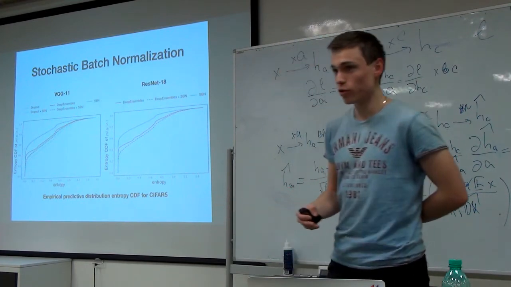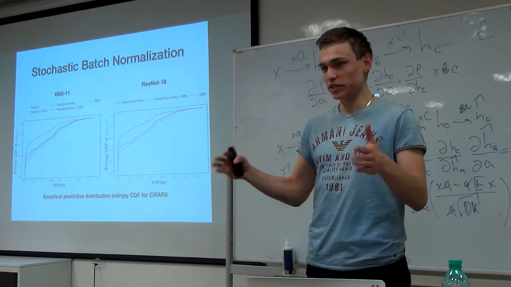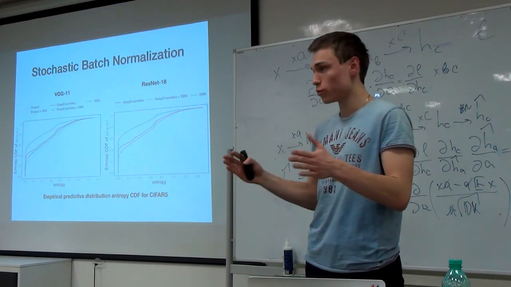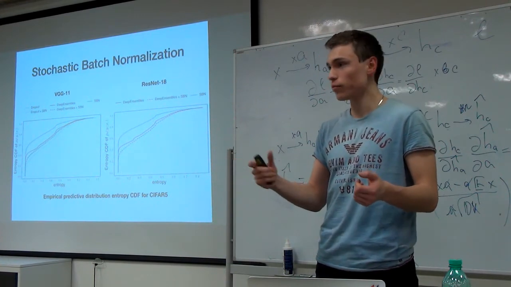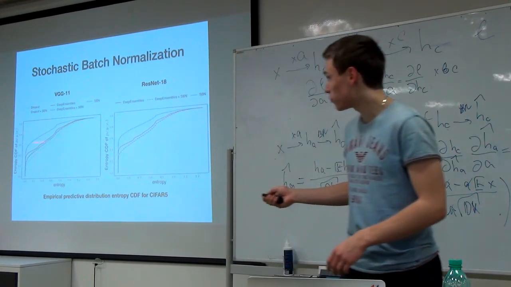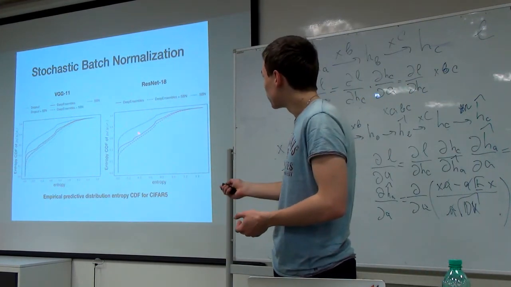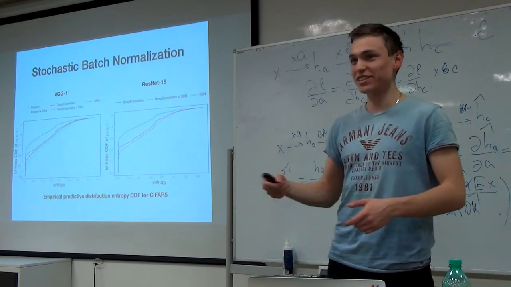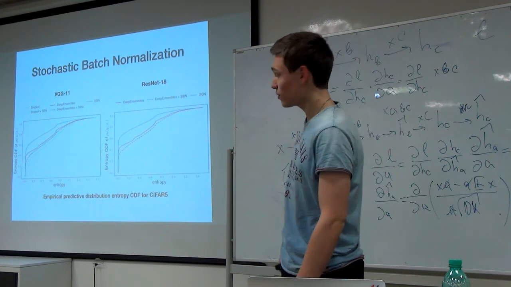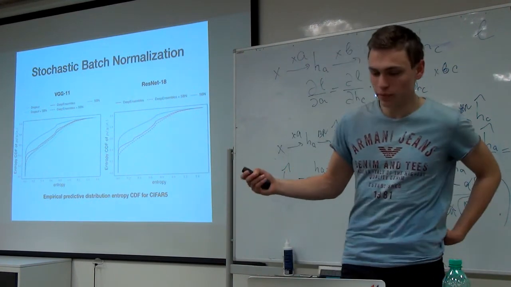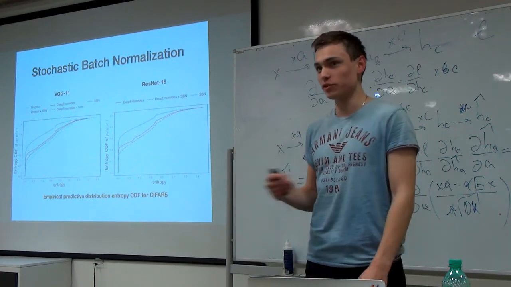Then deep ensembles, which means we train a fixed neural network from different initializations and form an ensemble. And the blue one is for stochastic batch normalization, which actually ends up with the most confident predictions on out-of-domain data.